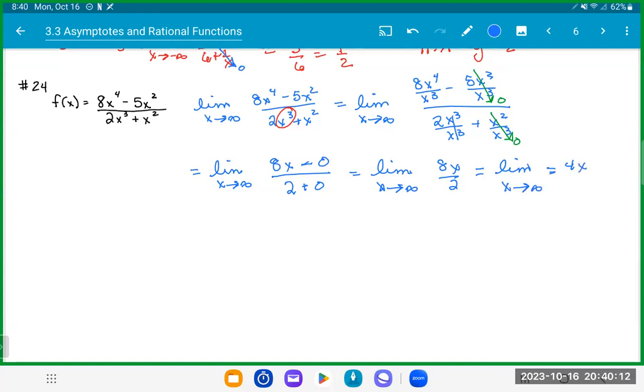So we plug in that infinity and we actually get 4x, and that equals 4 times infinity. So that is infinity. And therefore, because it's not a specific value, we know that there is no horizontal asymptote.